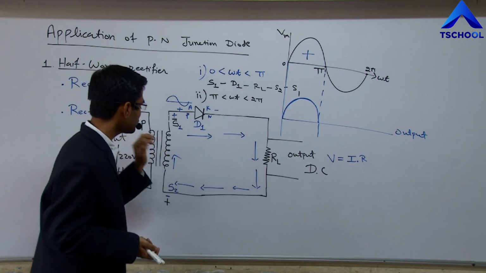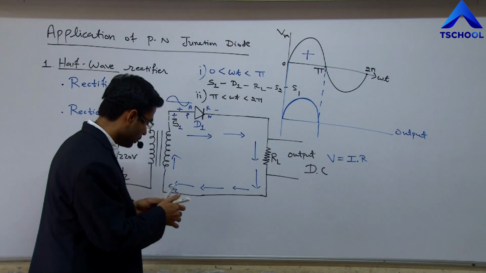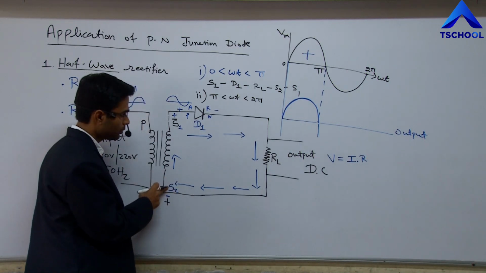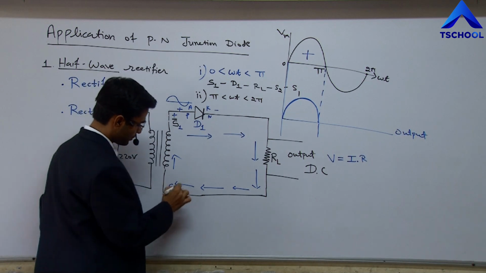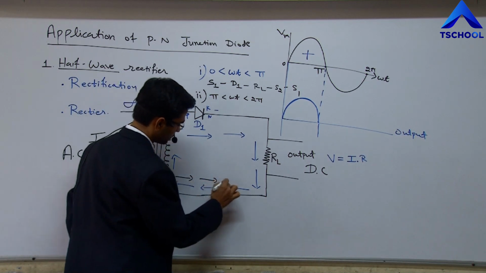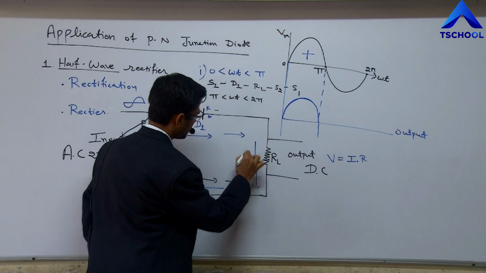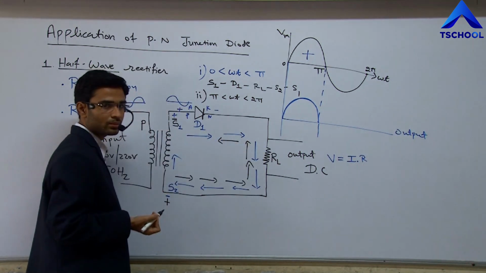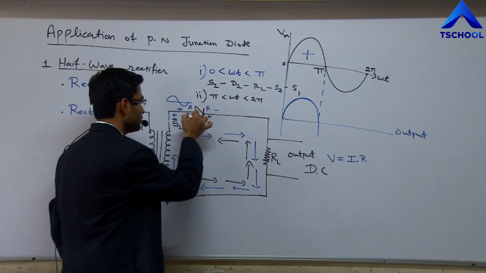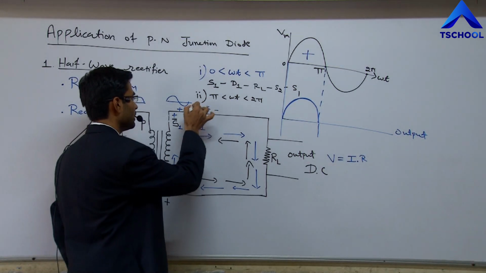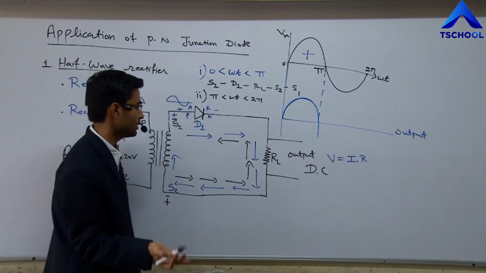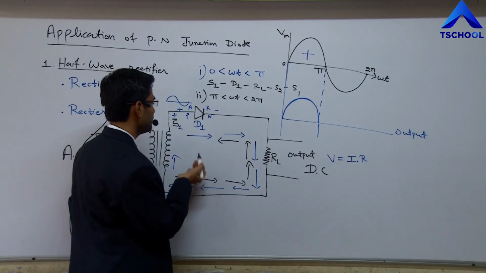Now the current flows from S2 in this direction. Because of the reverse bias mode, the total current is blocked by the PN junction diode, and that current is approximately 0.